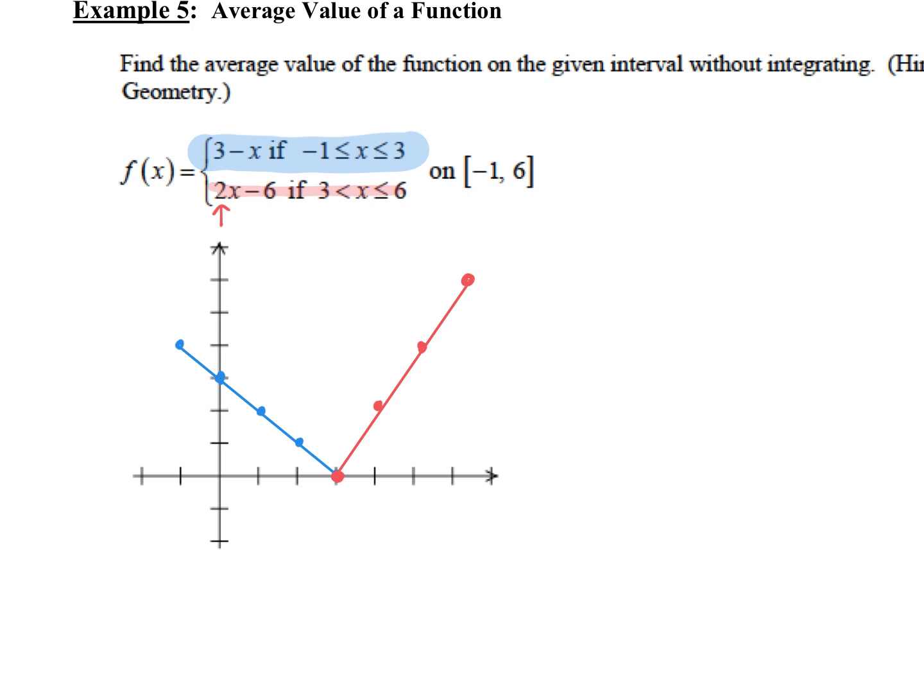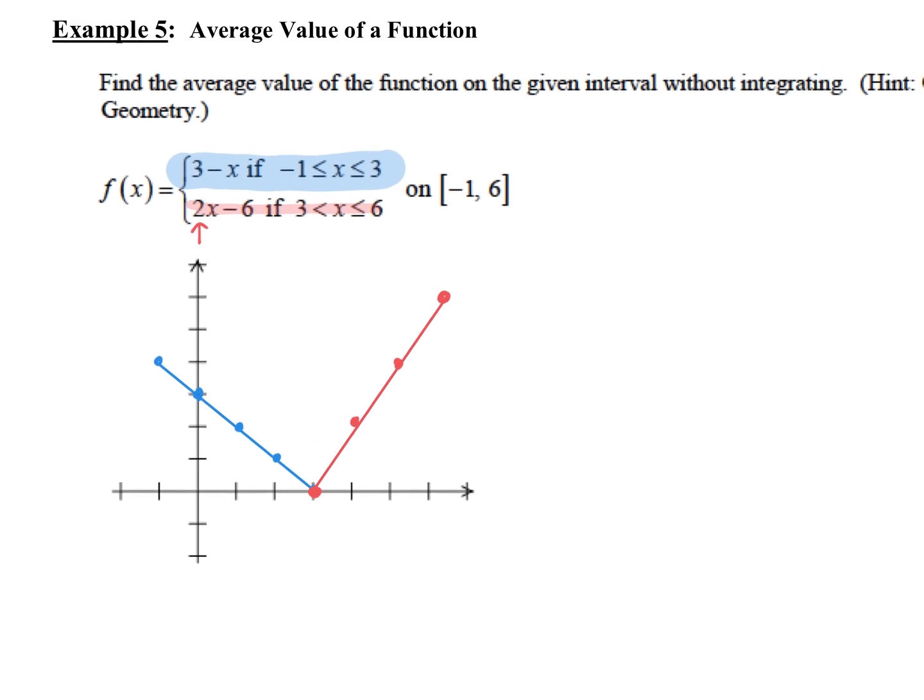And then now all we've got to do is find the area underneath the curves from -1 to 6. So our average value, eventually we're going to evaluate this: 1 over 6 minus -1 times the integral from -1 to 6 of f of x dx.